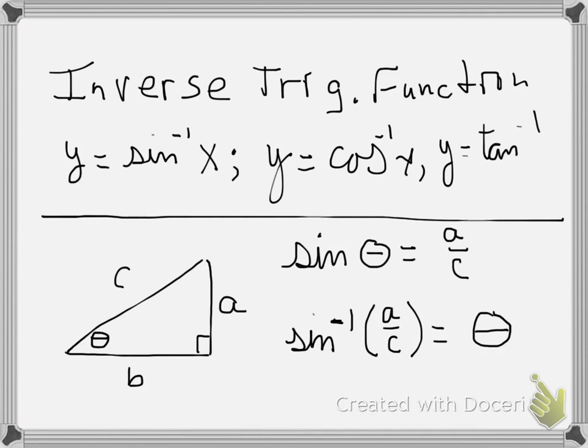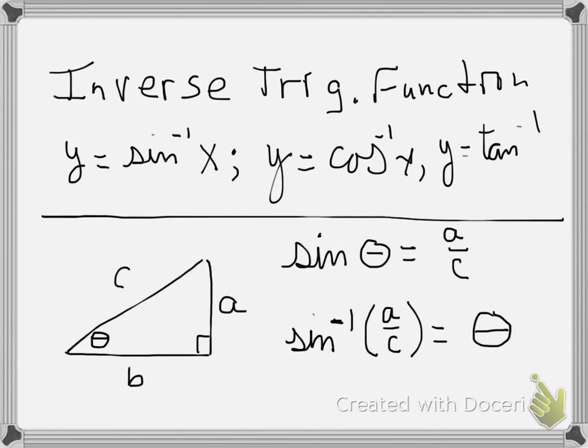That's what inverse trig functions do, they give you angles. A trig function gives you the ratio of the sides of a right triangle. An inverse trig function gives you the angle involved in the right triangle.